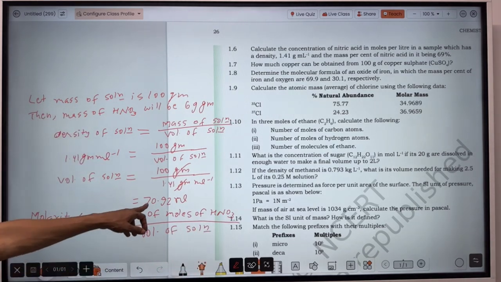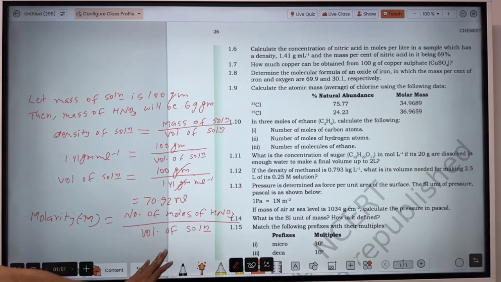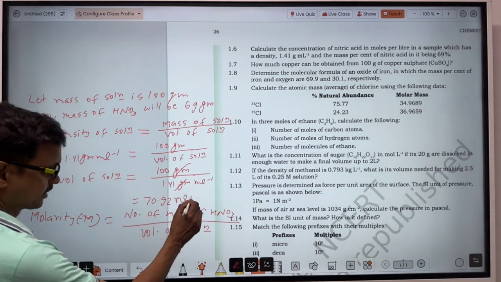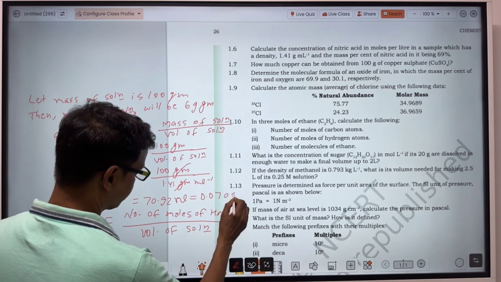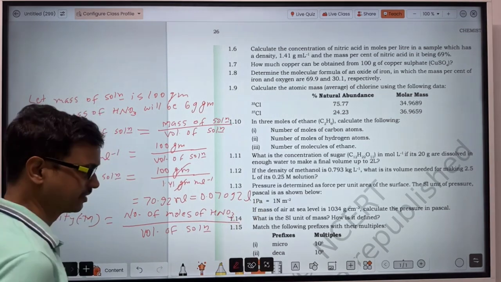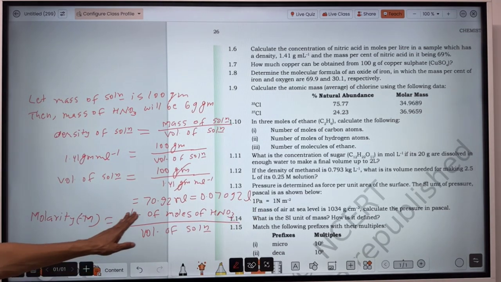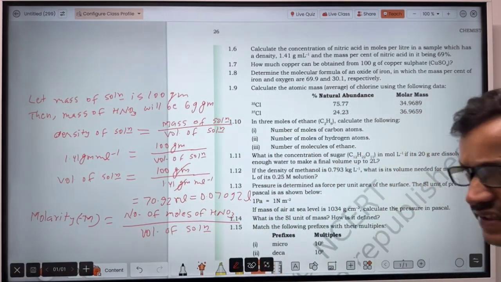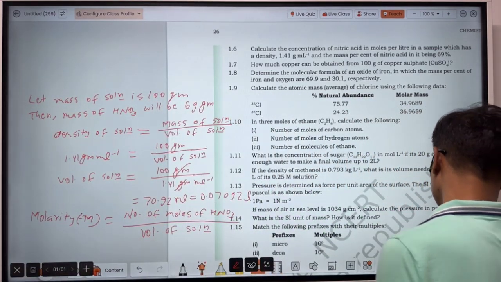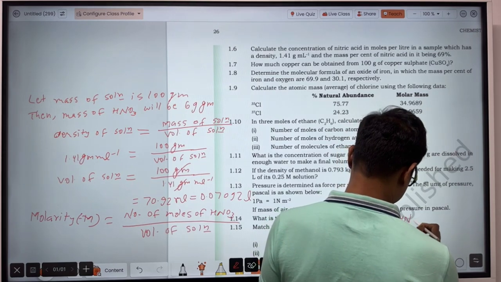The volume of solution here is in milliliter, so convert it to liter. That means 0.07092 liter. So first of all, you will have to calculate the number of moles of nitric acid. Firstly, what will the molecular formula of nitric acid be?